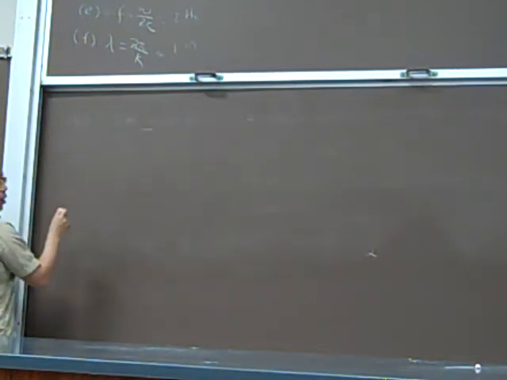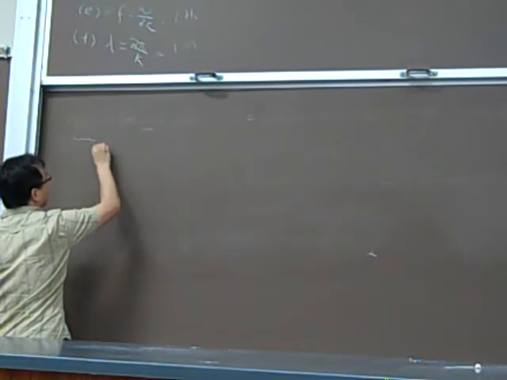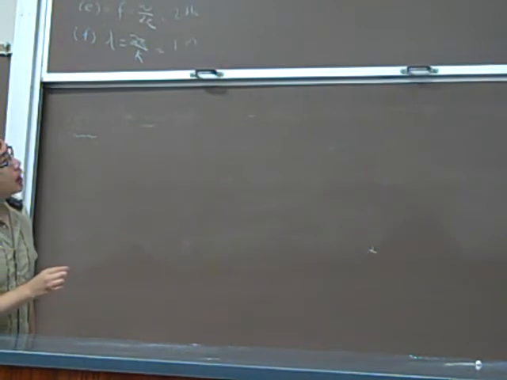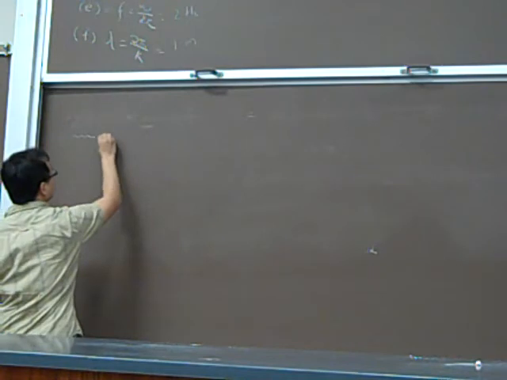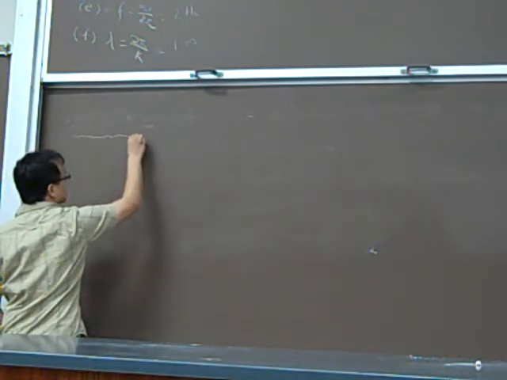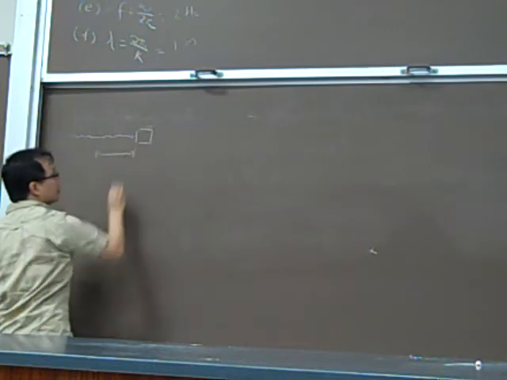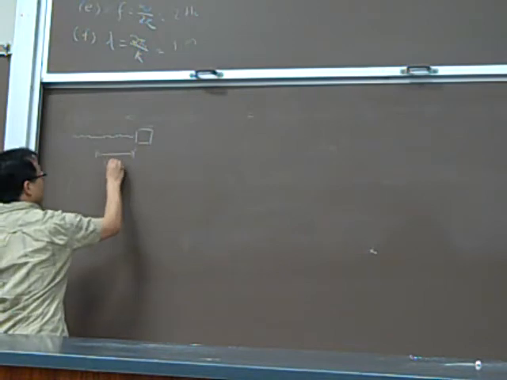If this is the equilibrium position, I pull it away from the equilibrium position, and the distance here is 50 centimeters, so it's 0.5 meters.